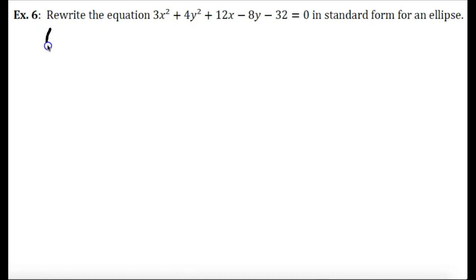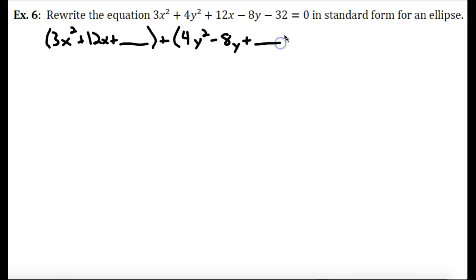So I'm going to rewrite this as 3x squared plus 12x plus something, since I know I'm going to have to add something, and then I'm going to collect the y's over here: 4y squared minus 8y plus something to complete the square. And then I'm going to add the constant over to the other side. So if I add 32 over, we'll have positive 32 over here.